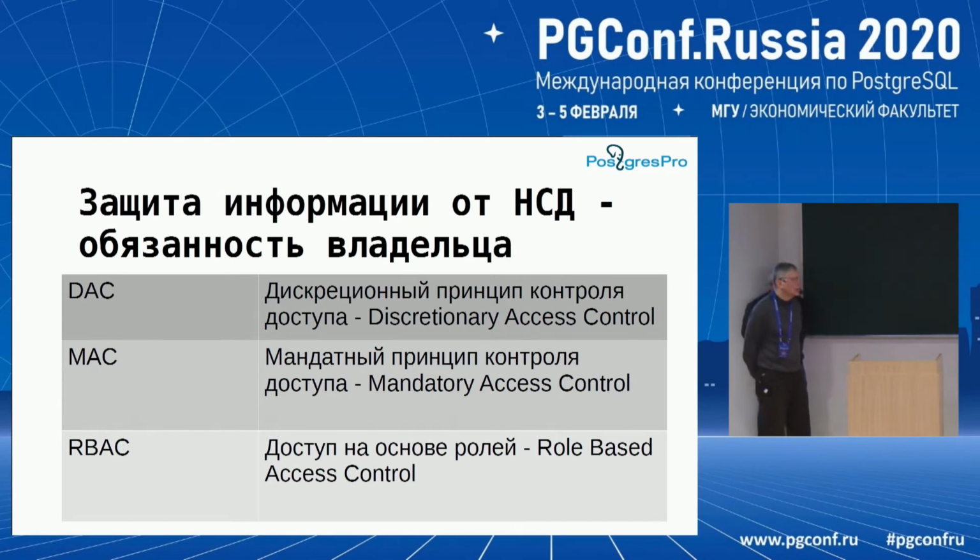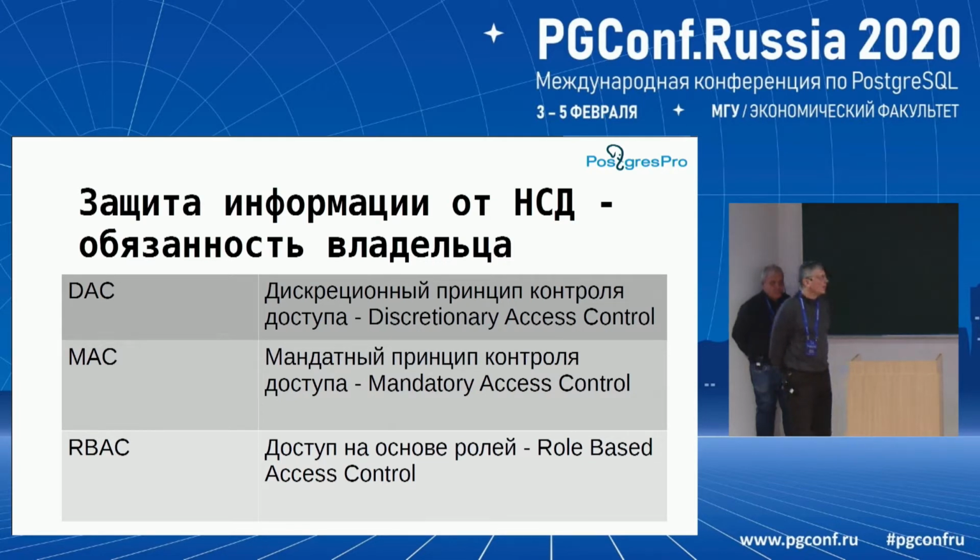Information security is the obligation of information holder, and the main purpose is protection from unauthorized access. This protection is provided by the system of access control that can include several access methods.